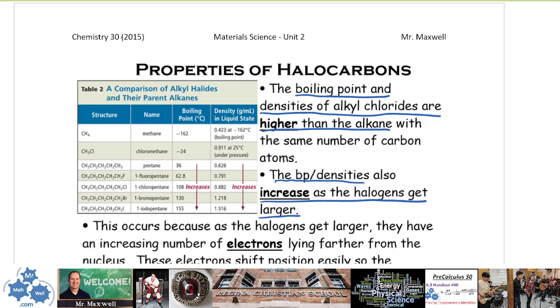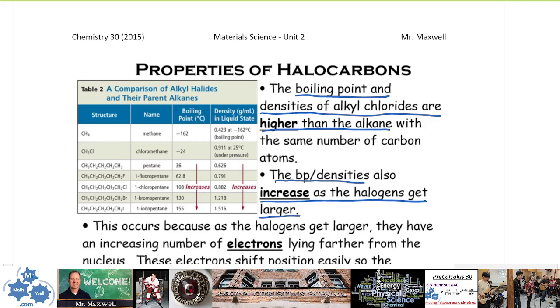So what kind of properties would those produce in organic molecules? The boiling point and densities of alkyl chlorides are higher than the alkane with the same number of carbon atoms. So when you put a chloride on a carbon chain, then it increases the boiling point and the density.